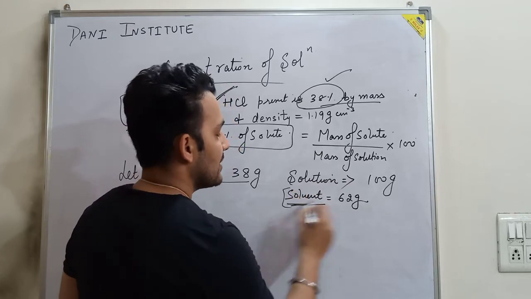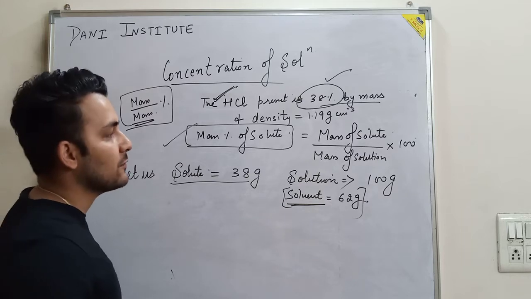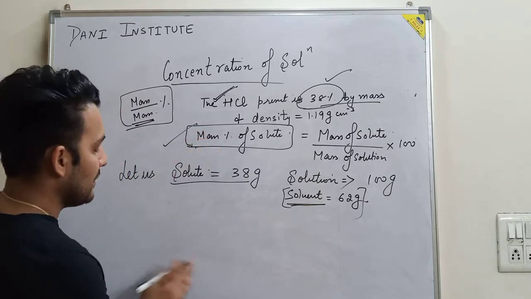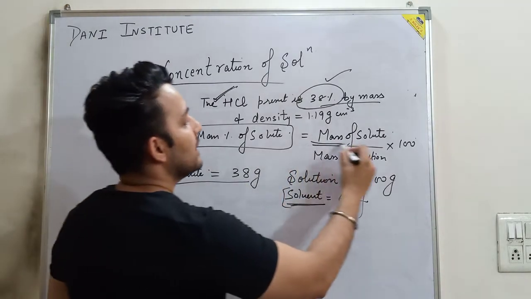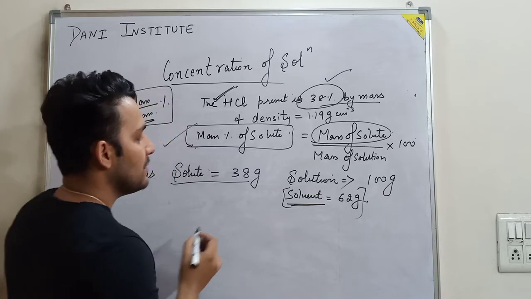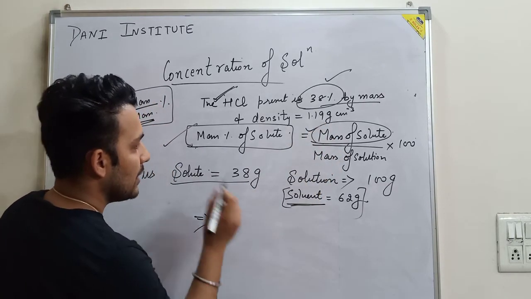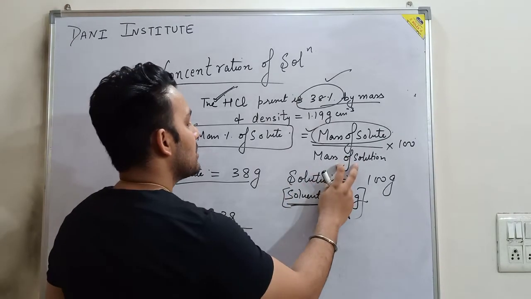But we do not require the solvent. We just require one thing. What is that? Mass percent of solute. Mass percent of solute we have to find. For that, here the mass of the solute is given. What is mass of solute? 38. And what is the mass of solution?